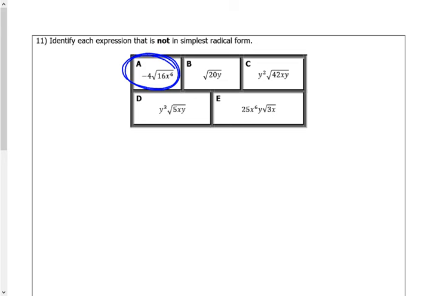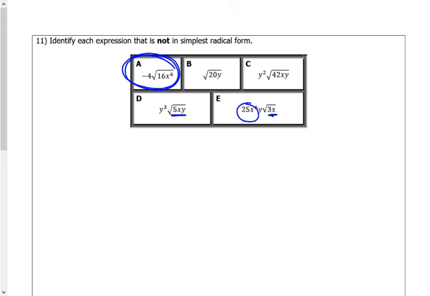Now, when I look at the rest, 5, that does not simplify anymore. So this is in simplest form, as is the 3. Remember, the numbers on the outside, the 25, this doesn't matter. It's only what's inside the radical. So D and E are both in simplest form. Those are good to go.